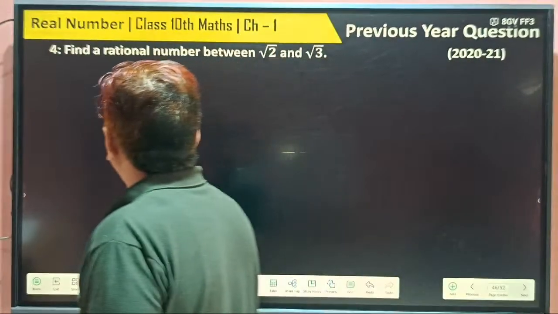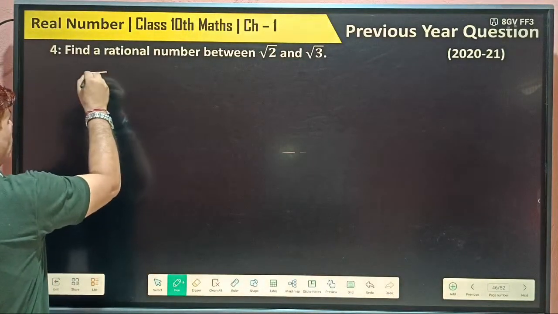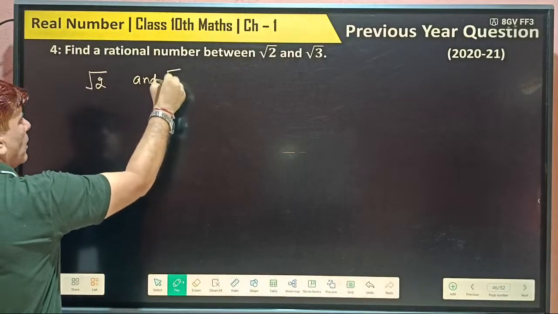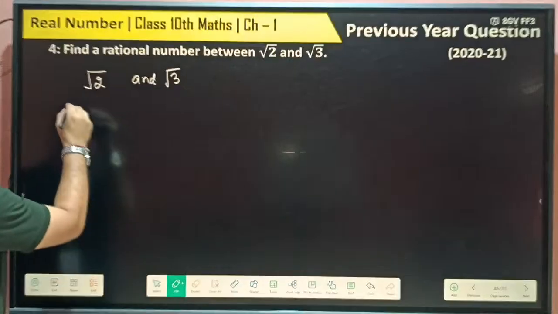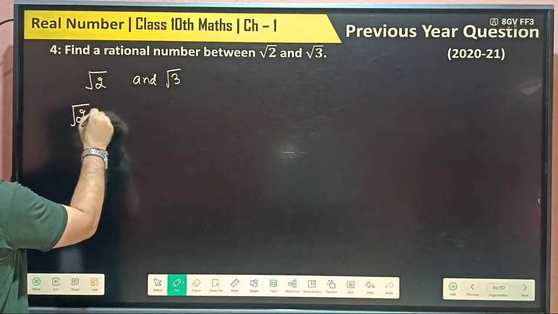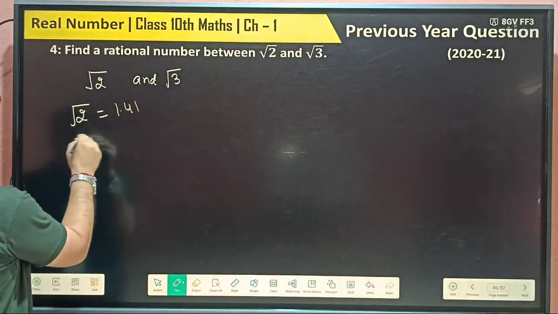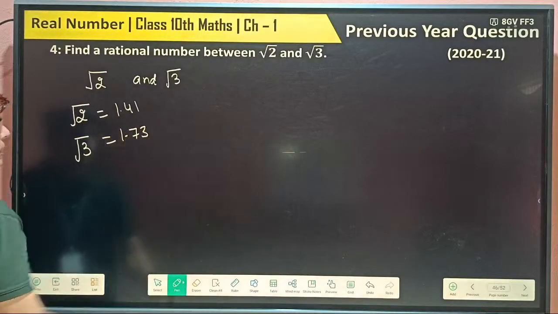Question given: find the rational number between under root 2 and under root 3. So if you find out the value of under root 2, it is 1.41, and under root 3 value 1.73.